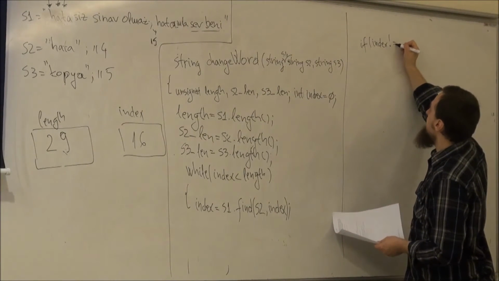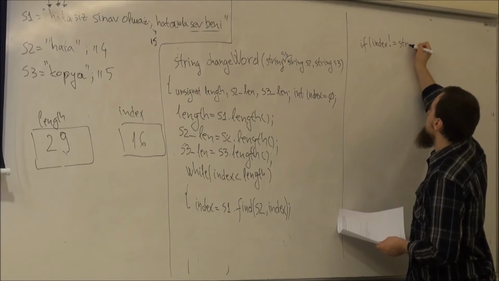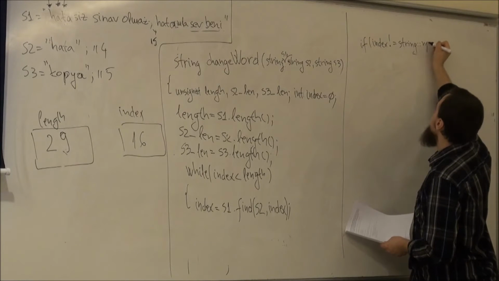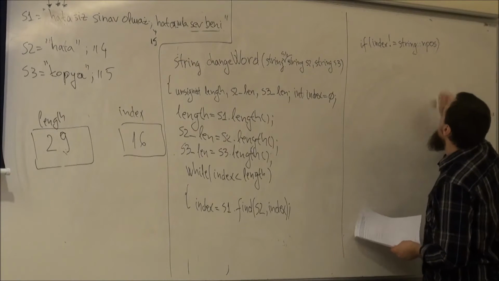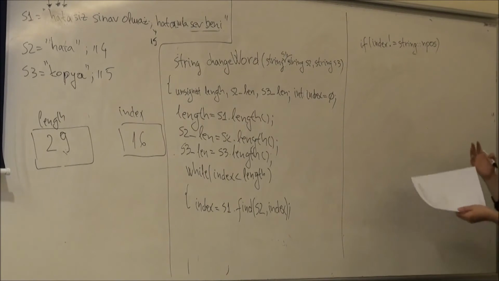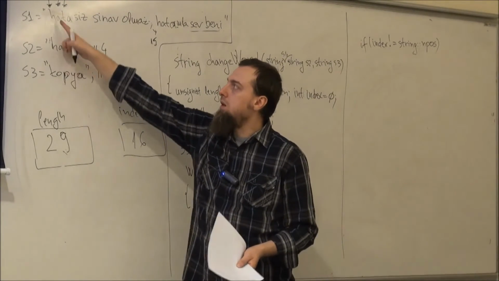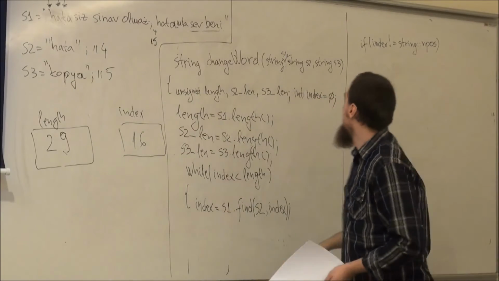If it's not npos, it means that we have found it, it exists. In our case, it's 0, since hata occurs exactly at the 0th index.